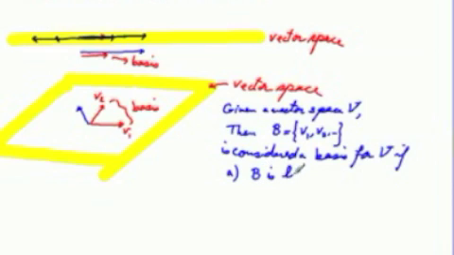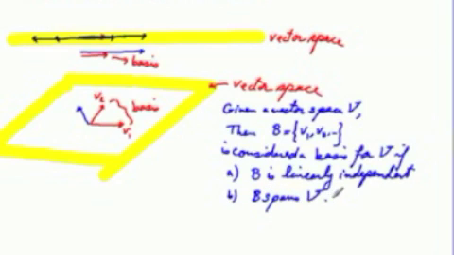Part A: B is linearly independent. Part B: B spans V. So if you want to be a basis of something, first of all you should be able to build that space from your basis, and second, that basis should be linearly independent, meaning none of them could be replaced by a combination of the others.